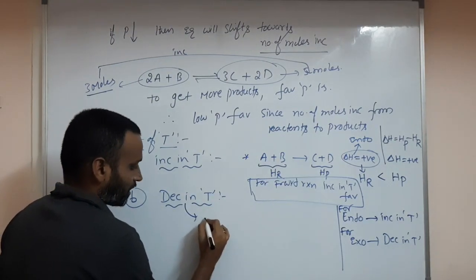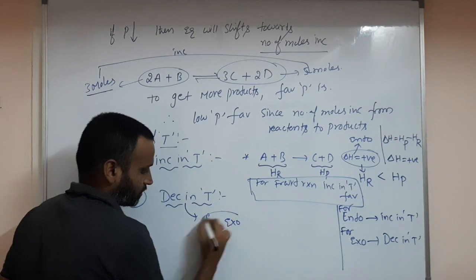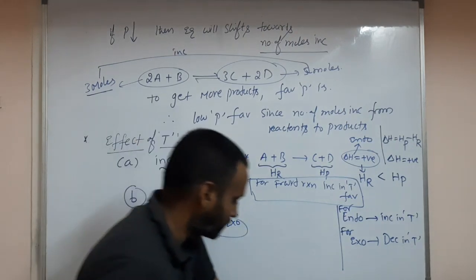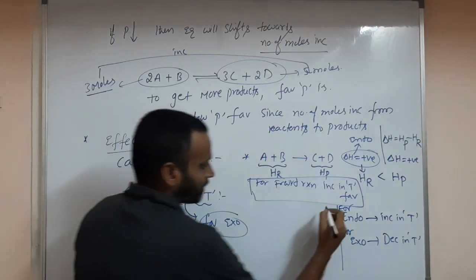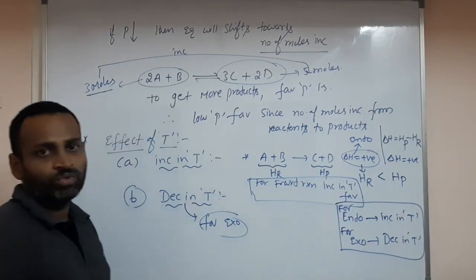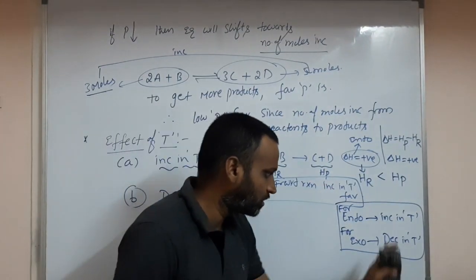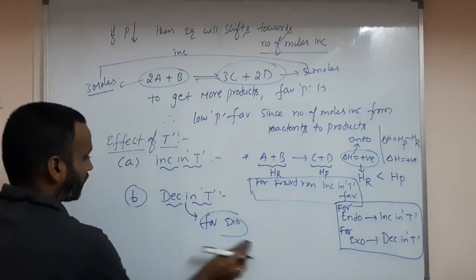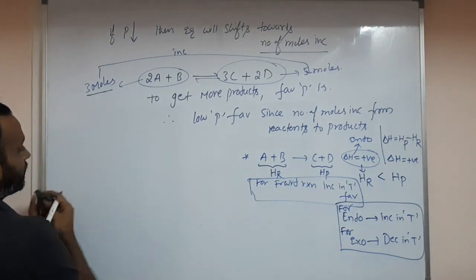Decrease in temperature favors exothermic. These two points are very important, please note them down: for an endothermic reaction, an increase in temperature favors; for an exothermic reaction, a decrease in temperature favors. So this is the effect of temperature.